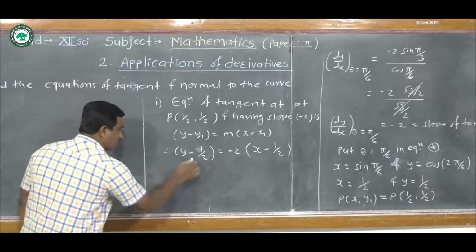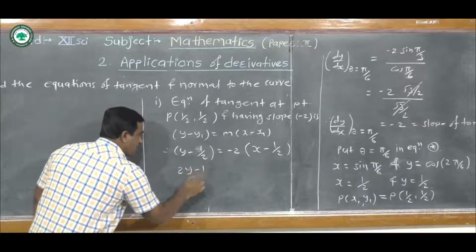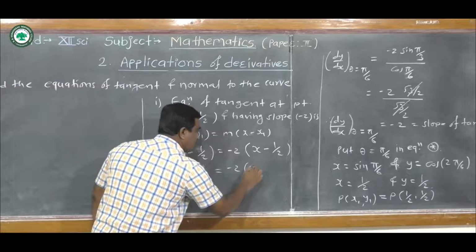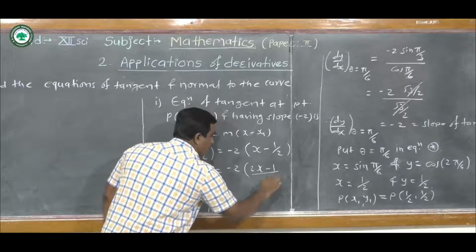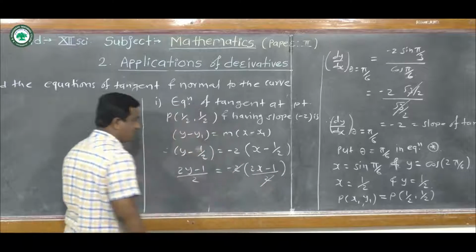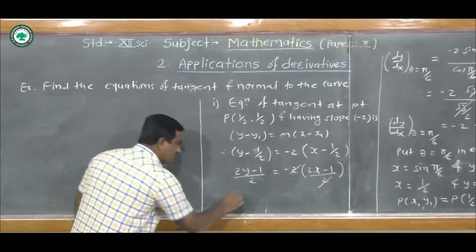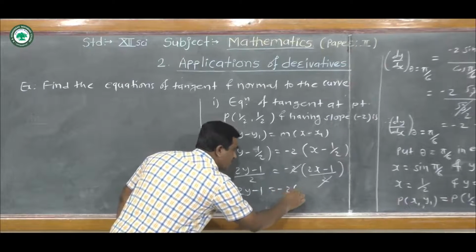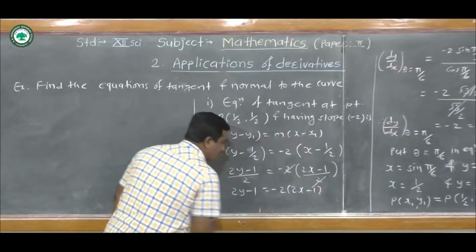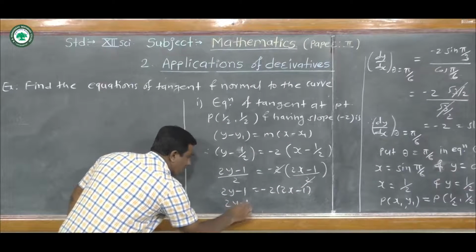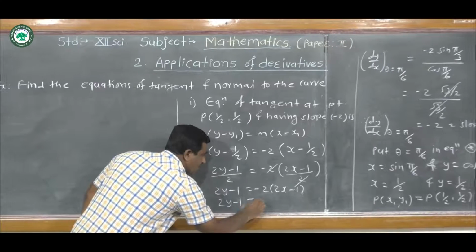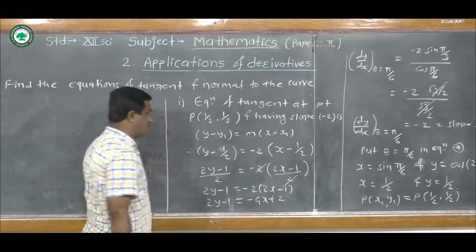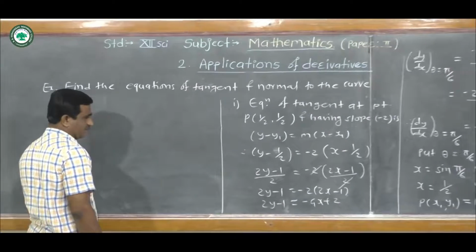Now simplify this. Take addition: 2y minus 1 upon 2 equal to minus 2 as it is, here also take addition, 2x minus 1 upon 2. Now 2 cancels here and we can write 2y minus 1 equal to minus 2 into 2x minus 1. That is, 2y minus 1 equal to minus 4x, minus into minus plus 2 into 1, that is 2.